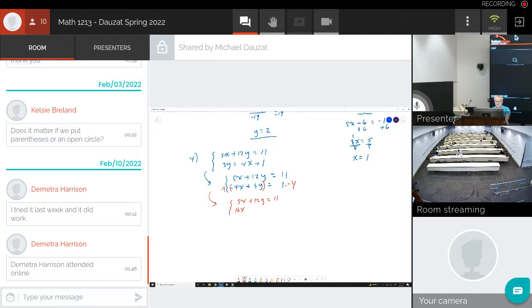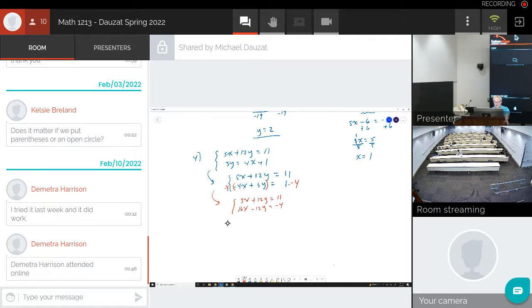A negative 4 times 3y is a negative 12y equal, and then 1 times negative 4 is a negative 4. Now can I add them? Yes. What's 16x plus 5x? 21x. The y's cancel out. Equal. What's 11 minus 4? 7. Dividing both sides by 21.